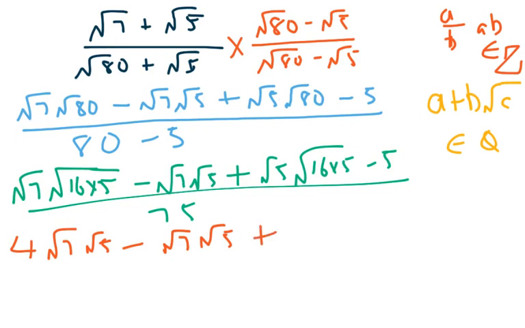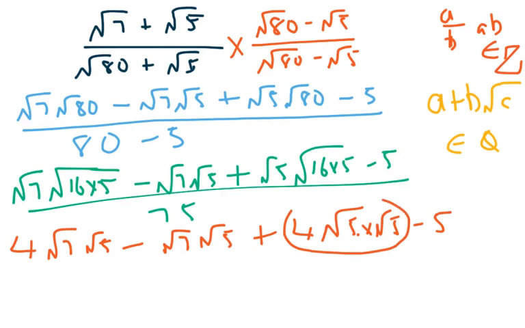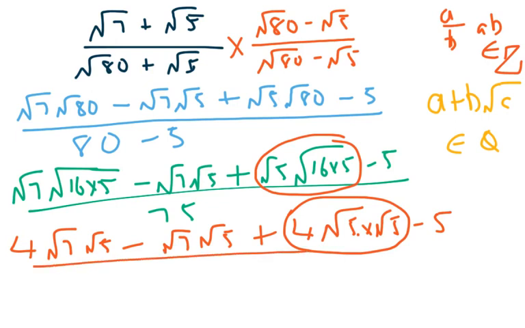Then I'm going to get 5 by 4, which is 4 times root 5 by root 5 by root 5. That's looking like 5 minus 5. This here is equal to this. I took the 4 out, and then I'm left with the root 5 inside and the root 5 on the outside, which is going to give me 5. And it's all divided by 75.